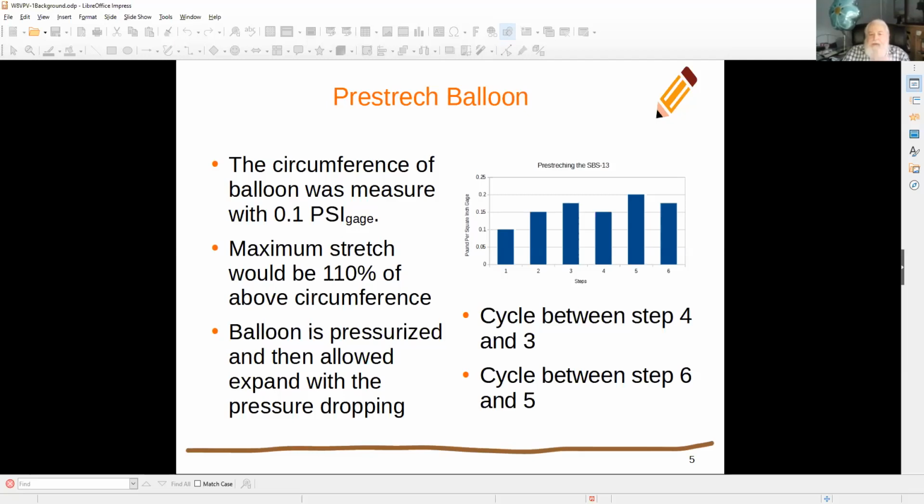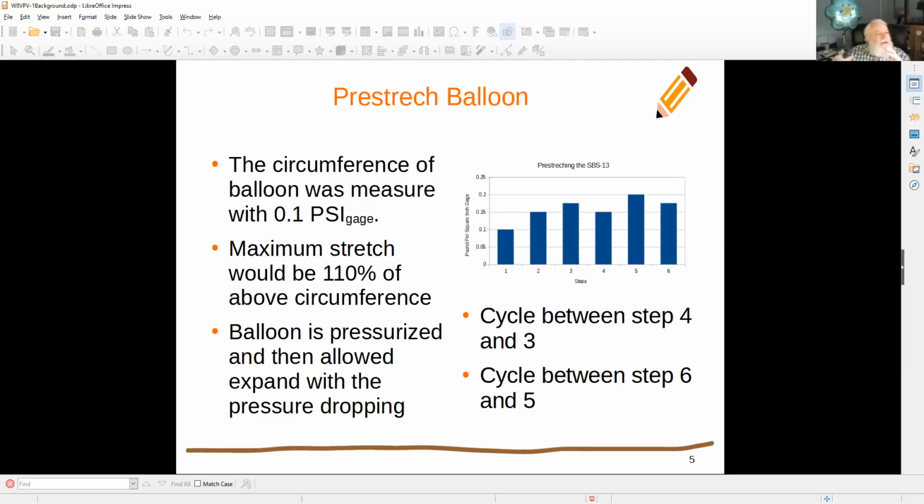Okay, and so the procedure is you fill it up on the first step. You usually fill it up to the 0.1 psi, and then after you've done the measurement, you pump it up to 0.15. At this particular point, you start to hear the balloon stretch.